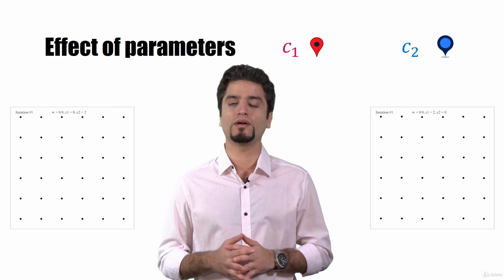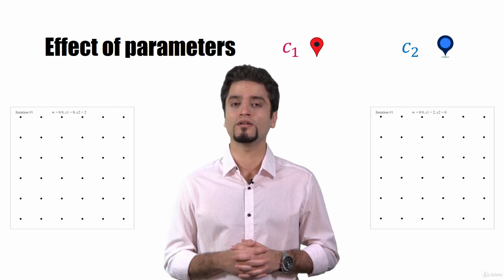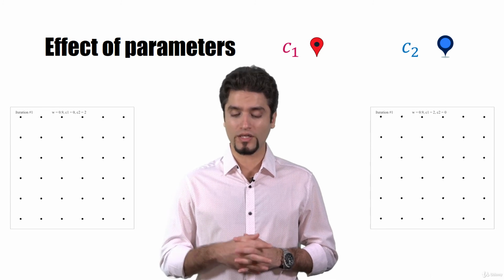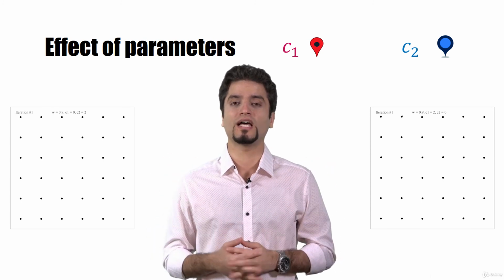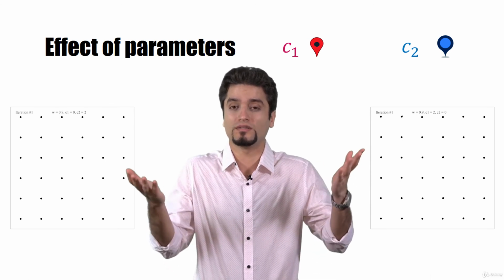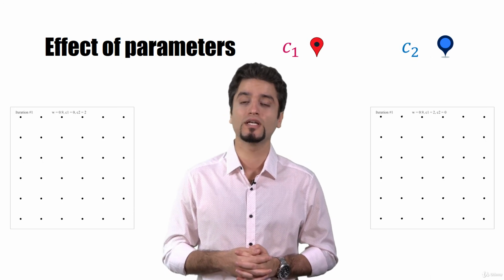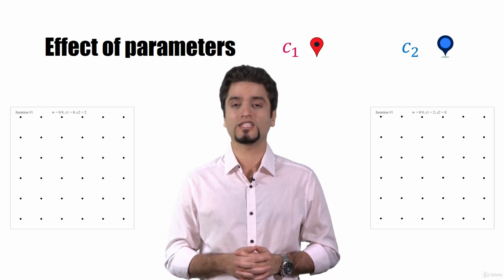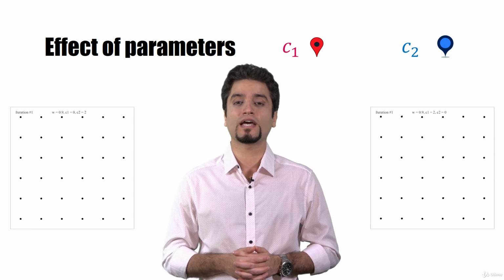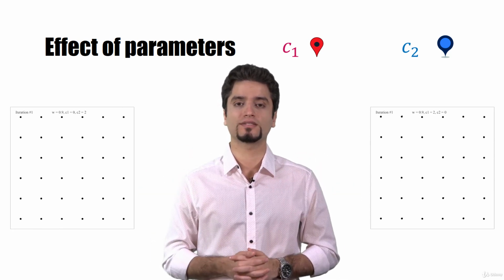On this side, however, C1 is equal to 2 but C2 is equal to 0. That means every particle searches one part of the search landscape. There is no information exchange between the particles because they don't need to know where the global best is. So let's run this experiment and we'll see how the particles search and move around the search space.